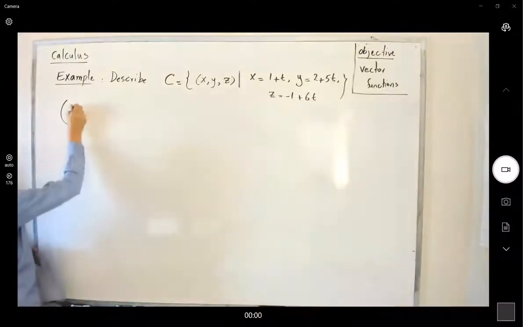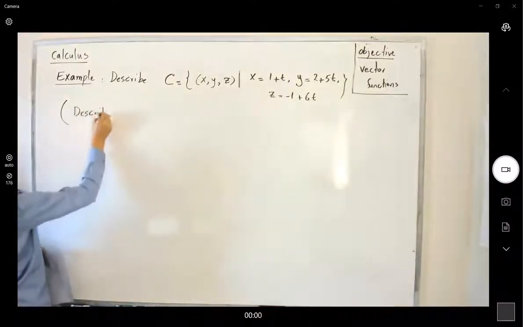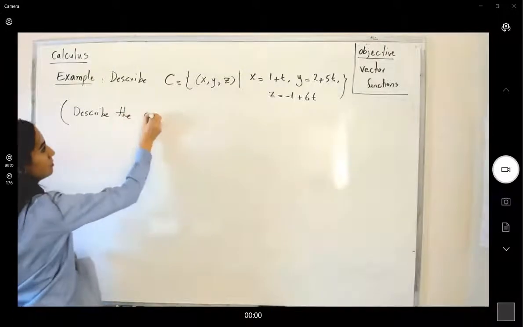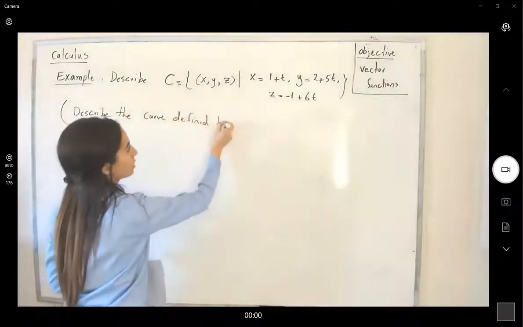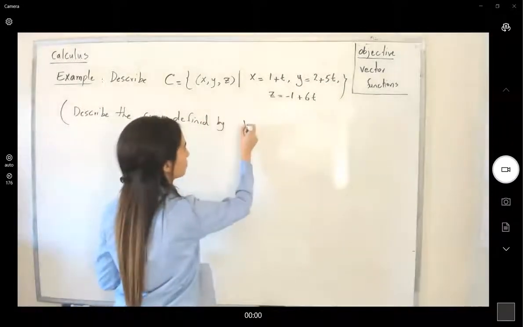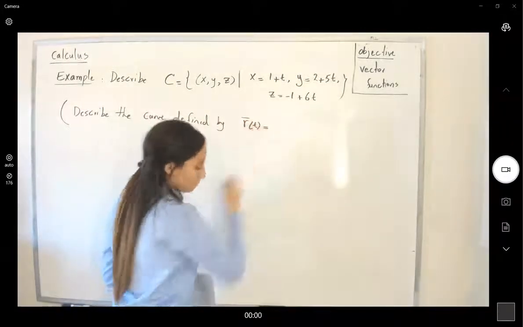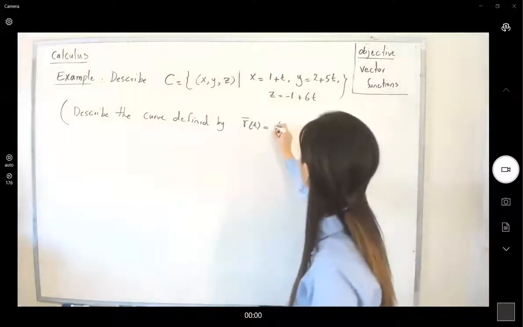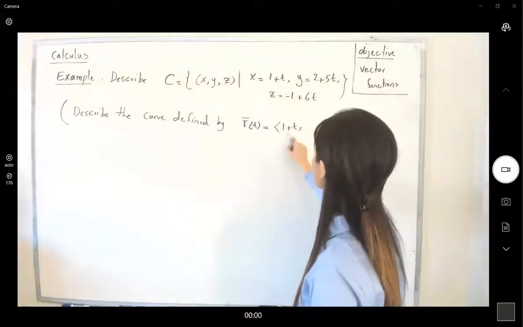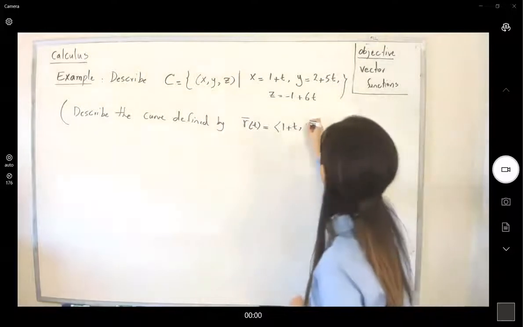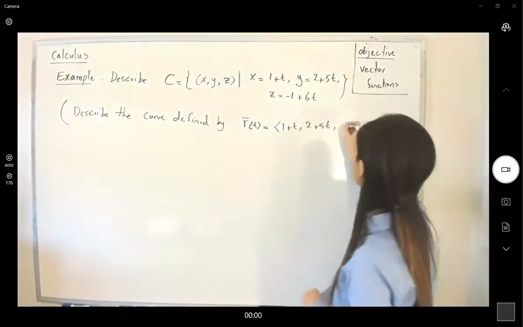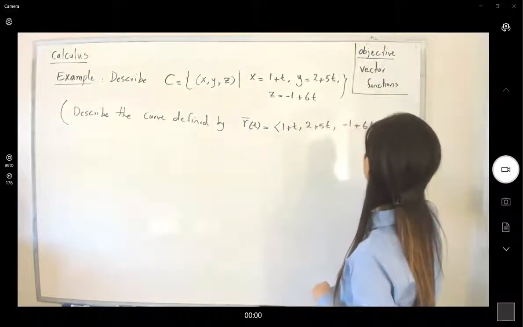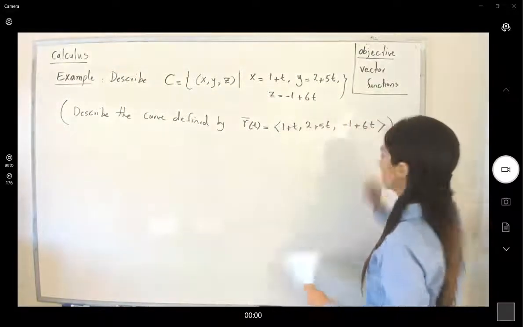Describe the curve defined by a vector function r of t equals 1 plus t, this is the x component, 2 plus 5t, the y component, and negative 1 plus 6t, the z component.